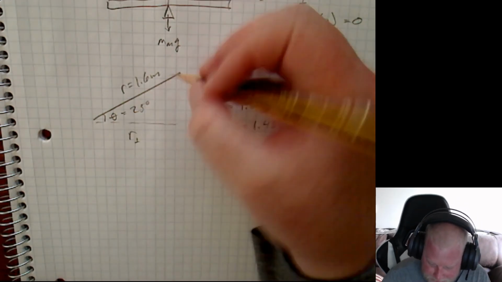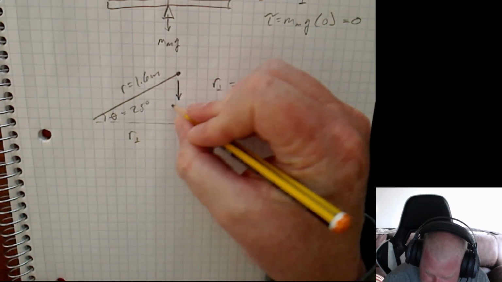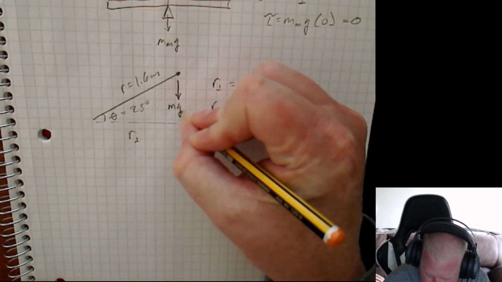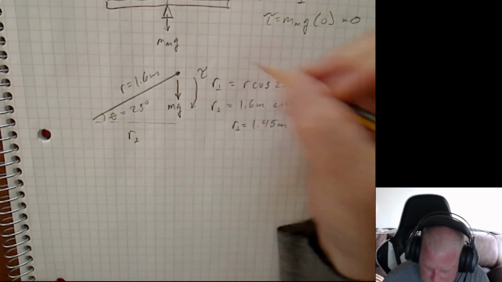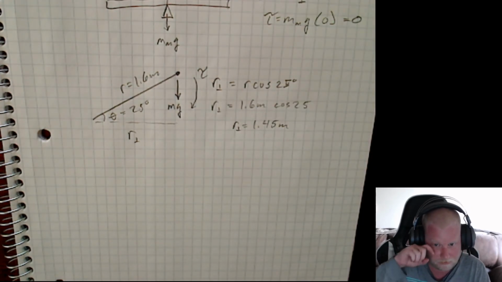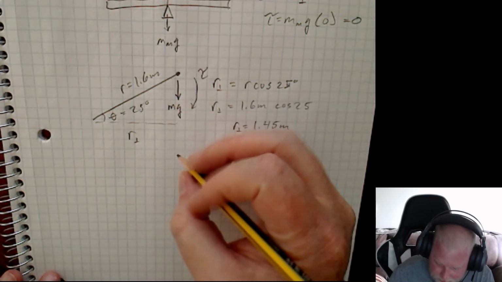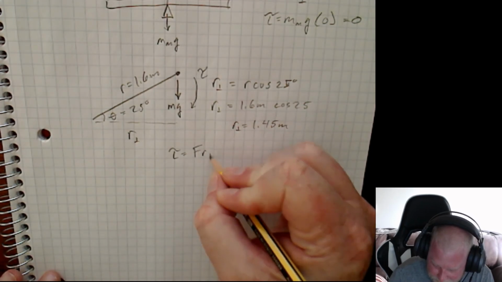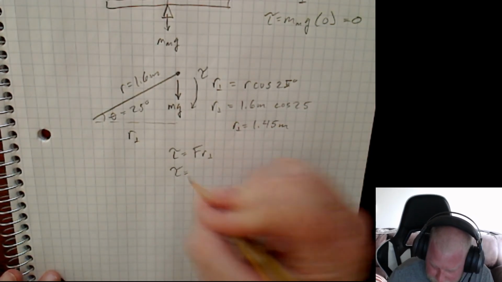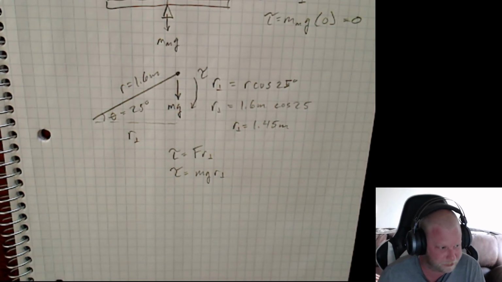So, again, if this is the center of gravity, we know that we are looking at the weight of the flagpole that is generating a clockwise torque. So our torque is equal to our force times our moment arm. So the torque is equal to mg times r perpendicular.